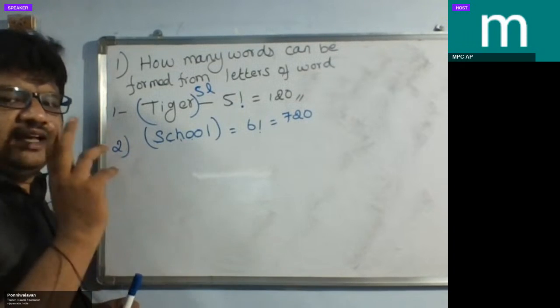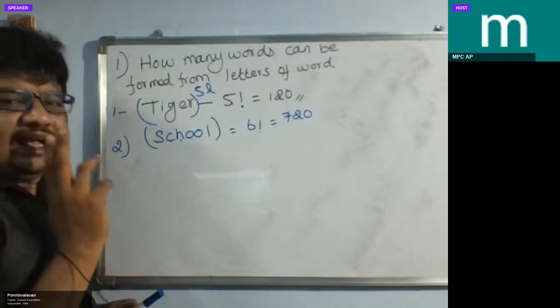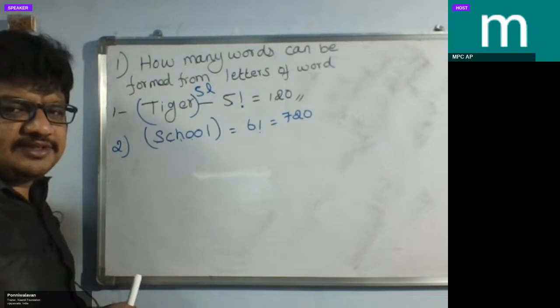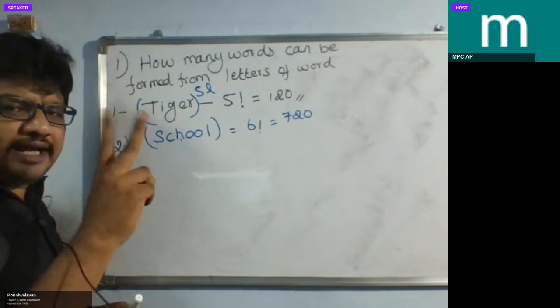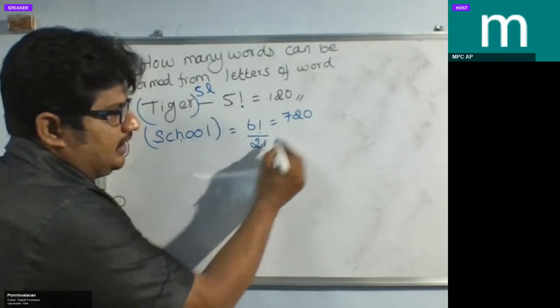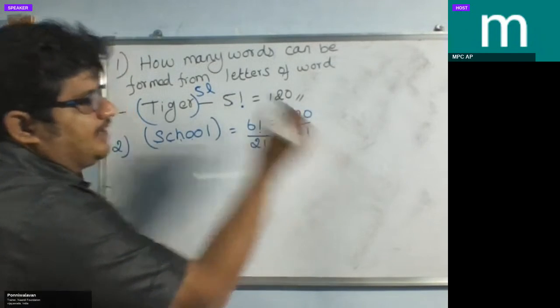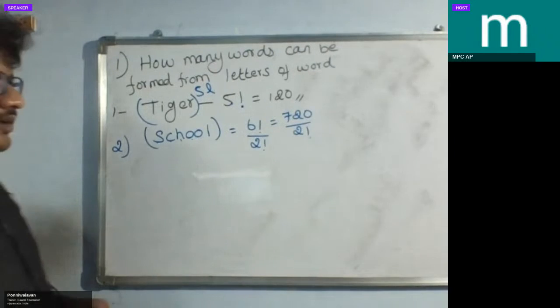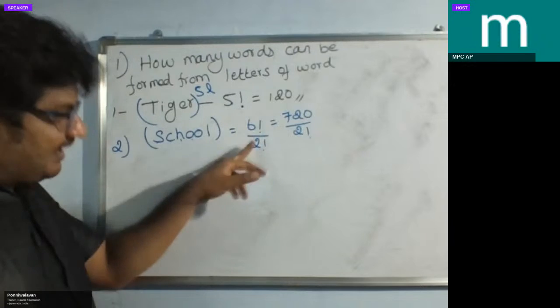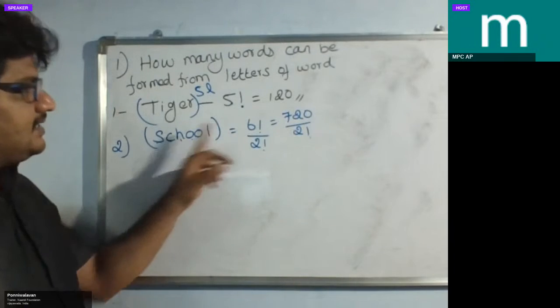Yes. A letter came how many times? 2 times. So divide this by 2 factorial. How many letters? 6 letters.